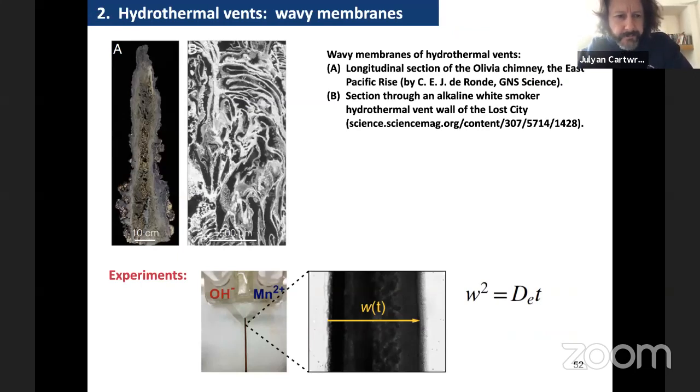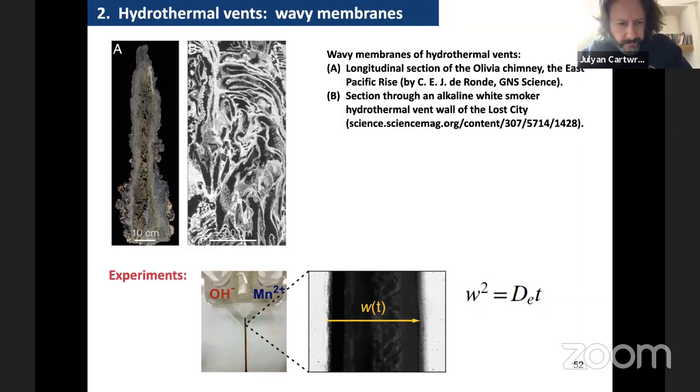So another aspect of what is going on in these systems is that we can detect, particularly in what you see on the top left, these images of the real hydrothermal vents, that the membranes are often wavy, and this can also be modeled with this system.